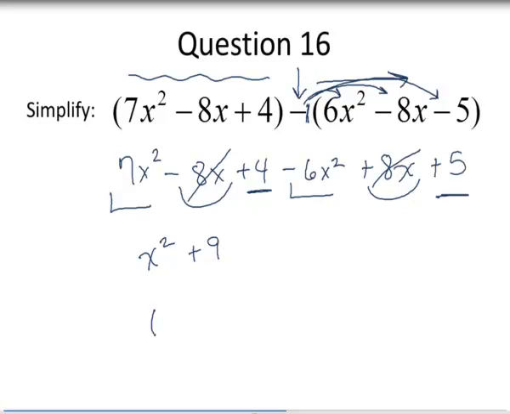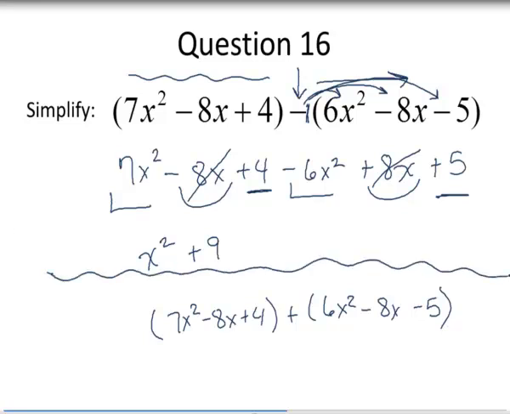Now, just for practice sake, let's pretend I have the same thing with a plus sign between them. What do you guys think about this? Does anything change?